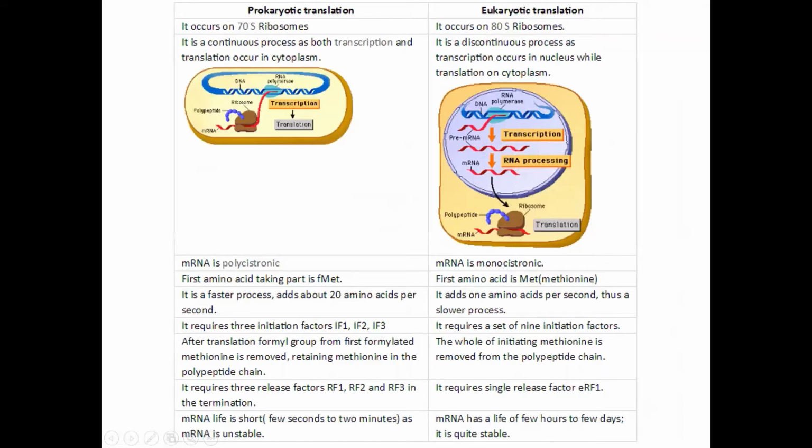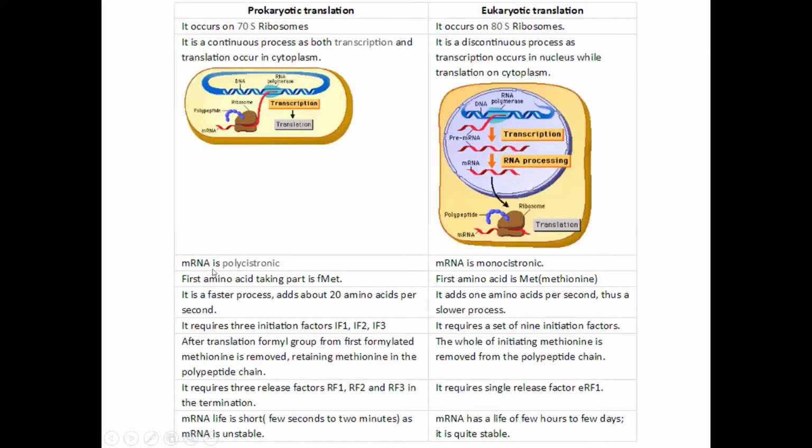The last slide has the difference between prokaryotic and eukaryotic translation. The first difference is the difference between the ribosomes. Second, as I told you, transcription and translation take place simultaneously in prokaryotes, but in eukaryotes it is not the same.